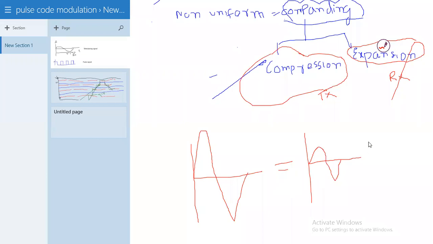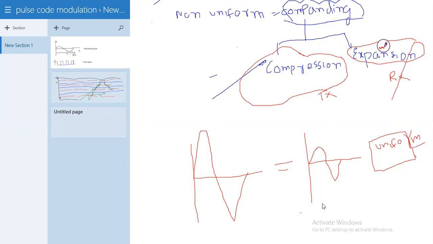After compressing, then we can apply uniform quantization. Then here the output is a quantized signal.